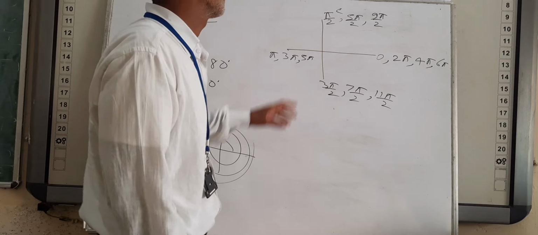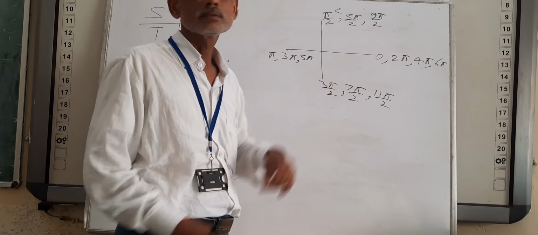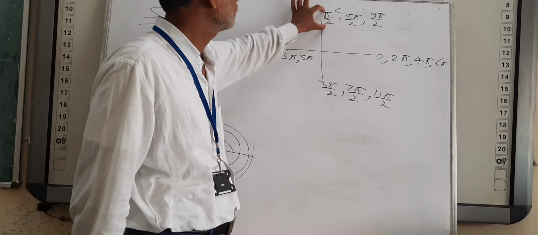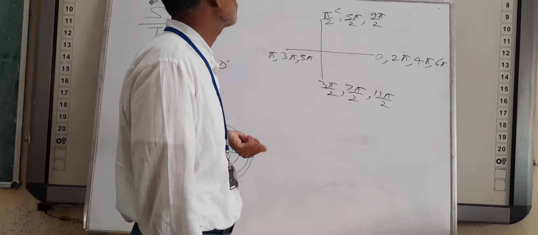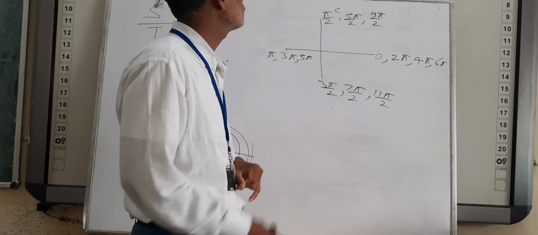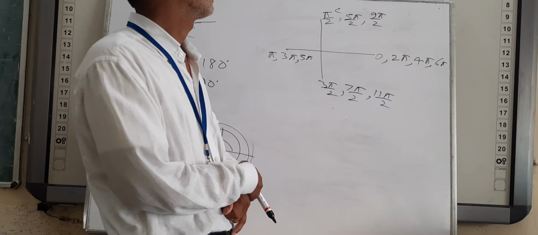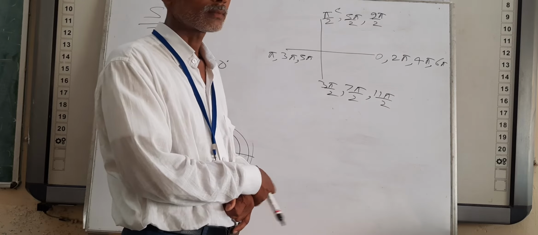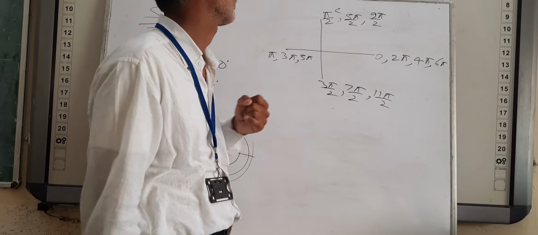Now if you see, these numbers form an AP with first term pi by 2, common difference 5 pi by 2 minus pi by 2, which is 4 pi by 2, that is 2 pi. Complete rotation is 2 pi radian.